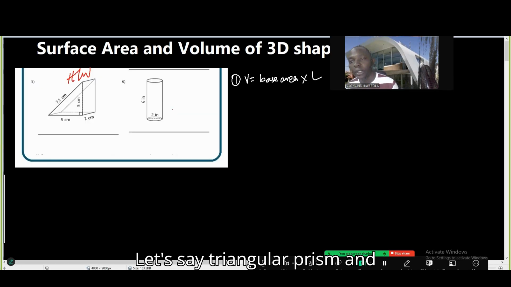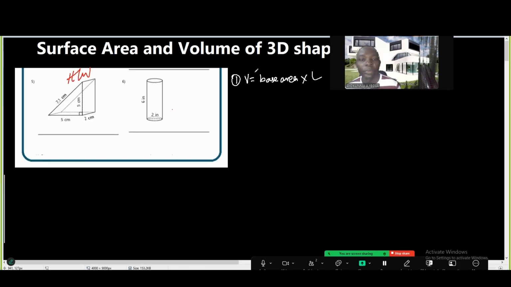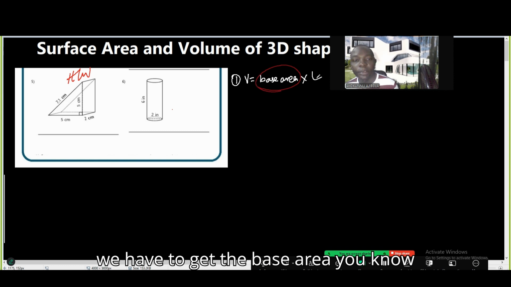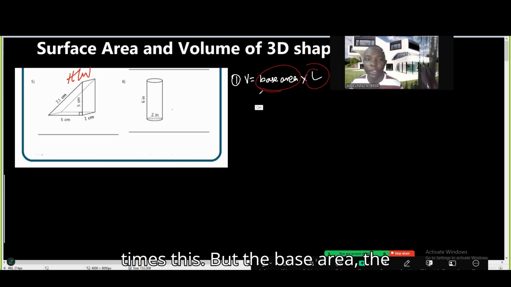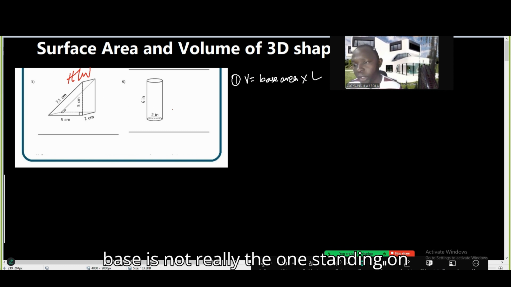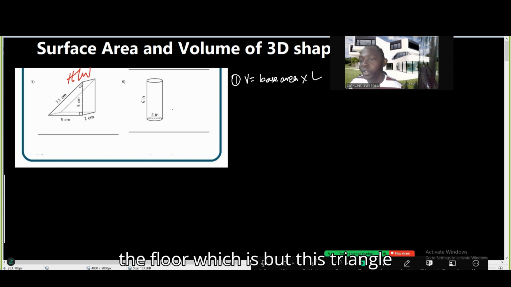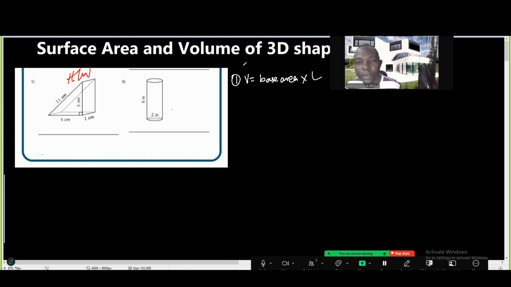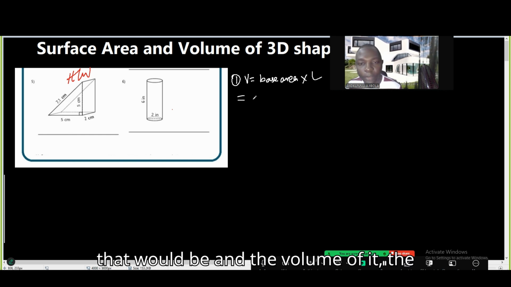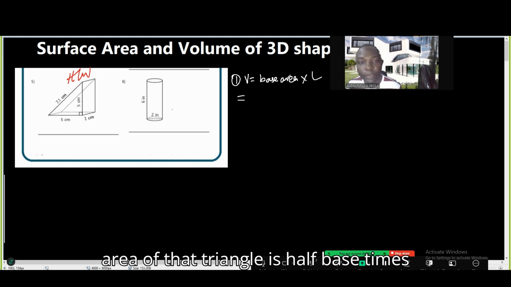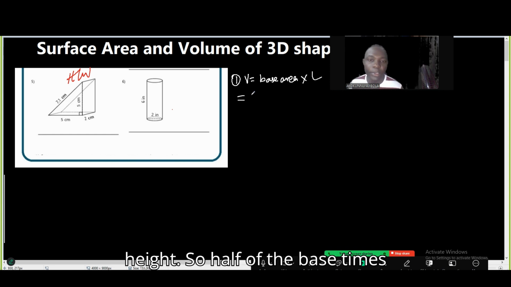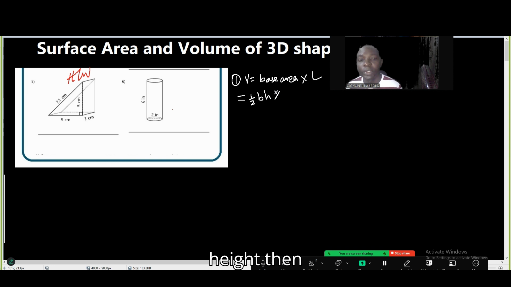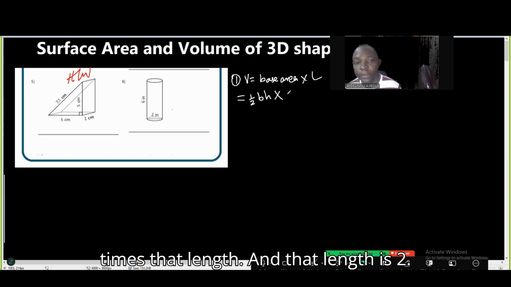They say triangular prism, and we have to get the base area times the length. The base is not really the one standing on the floor, but this triangle. The area of that triangle is half base times height. So half of the base times height, then times that length, and that length is 2.